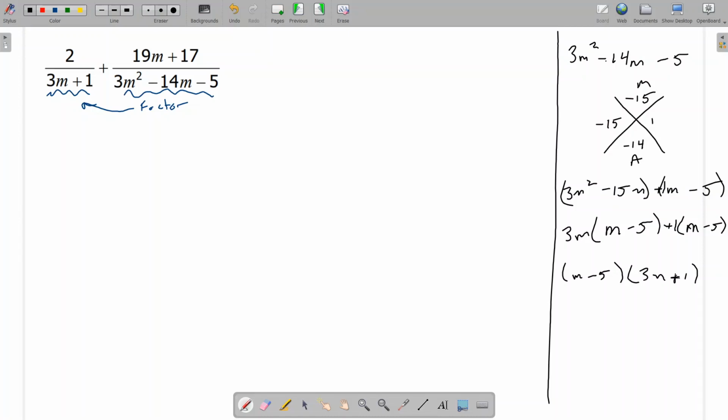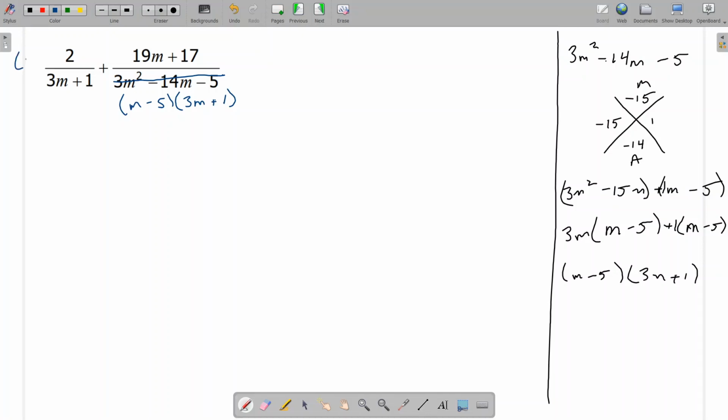So let's rewrite this expression here so that we can see what they have in common. I'm just going to write it below this here. So we have m minus 5 times 3m plus 1. Now we can see that both of the denominators have that 3m plus 1 in common, but the left side is missing the m minus 5.